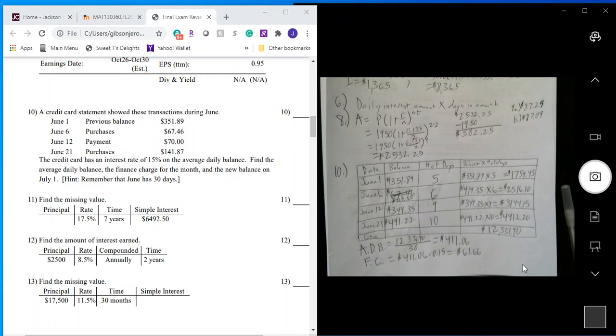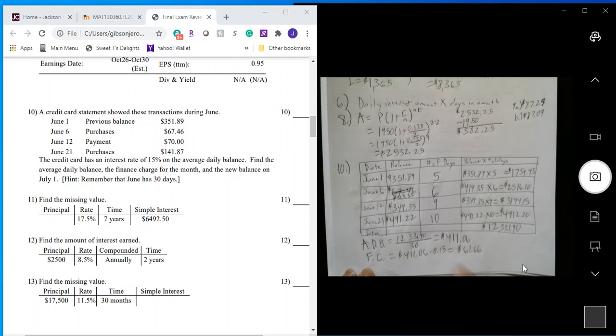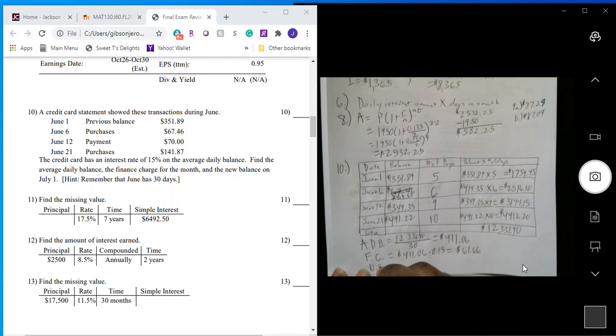Now they ask us for the new balance on July 1st. So I'll put NB for new balance. So we would take the last value, which was the $491.22, and add the finance charge, which is $61.66.